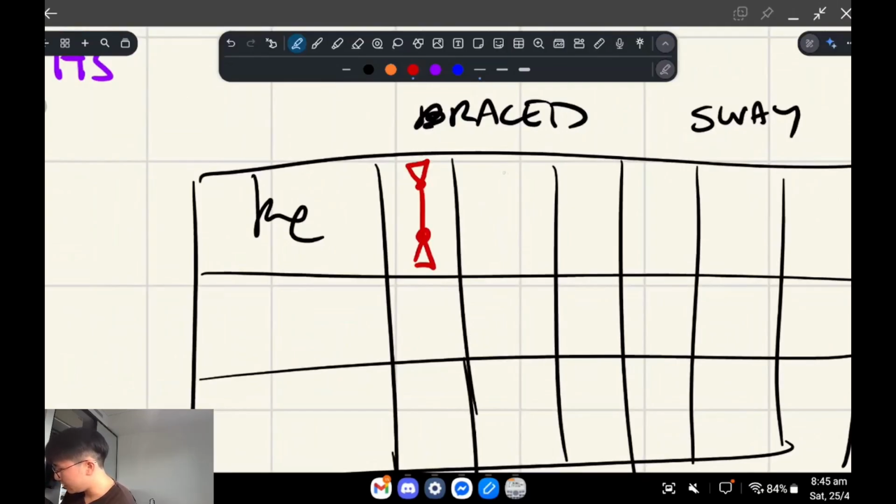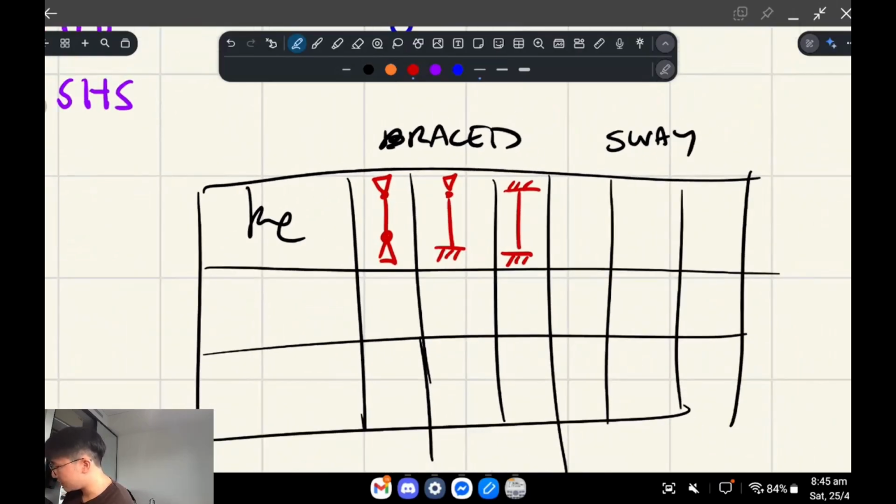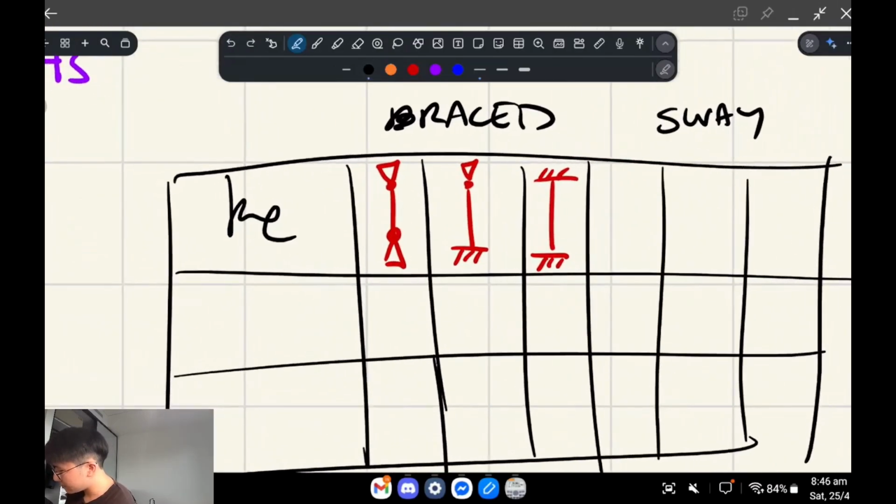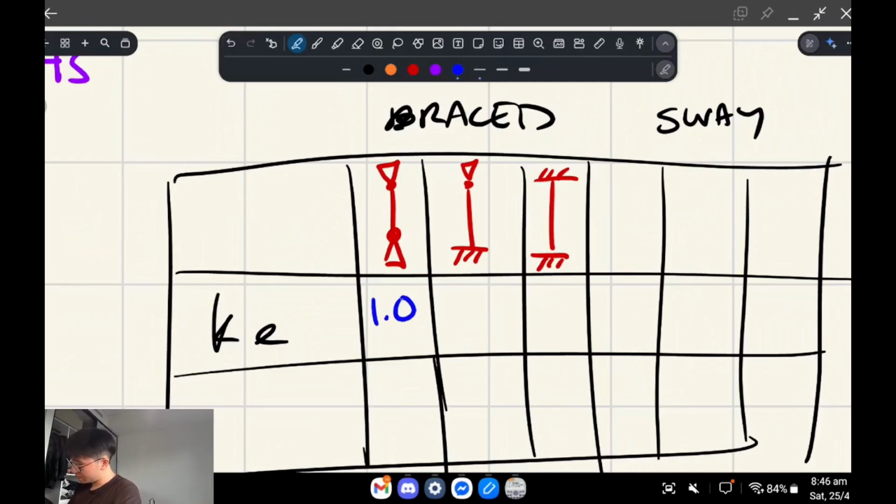One would be one side pinned and the other rigid. Another would be rigid, and then there'd be different ones for sway as well. I don't remember exactly what this table looks like, but there would be a Ke factor of 1 for pin, and factors of 0.7 and 0.5 for the others.